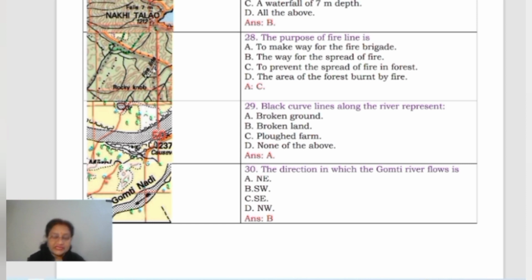The basic purpose is to prevent the fire from spreading to the other part of the forest. Now you can see the options given here. A is to make way for the fire brigade. No. B is the way for the spread of fire. No. C is to prevent the spread of fire in forest. Yes, this is the correct answer. And let's see D, the area of the forest burnt by fire. Again, it's not correct. So the only correct answer is C.